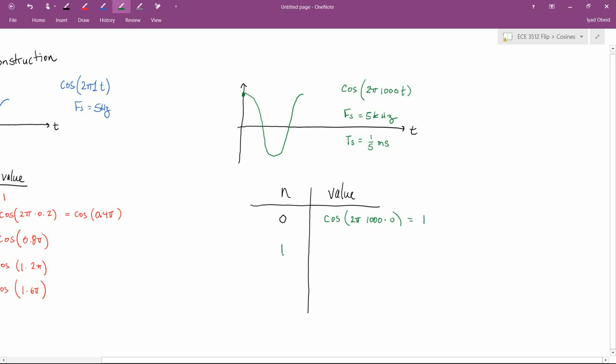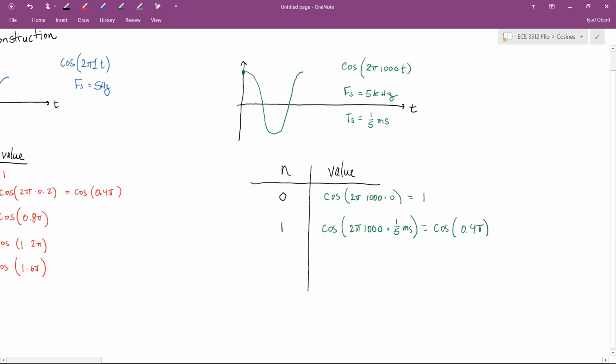Then my next sample will occur at cosine of 2 pi times 1000 times my sampling period, which is 1/5 of a millisecond. And I notice stuff starts canceling. So the 1000 and the milli cancel. 1/5 is the same as 0.2, and I'm left with cosine of 0.4 pi. Interesting.